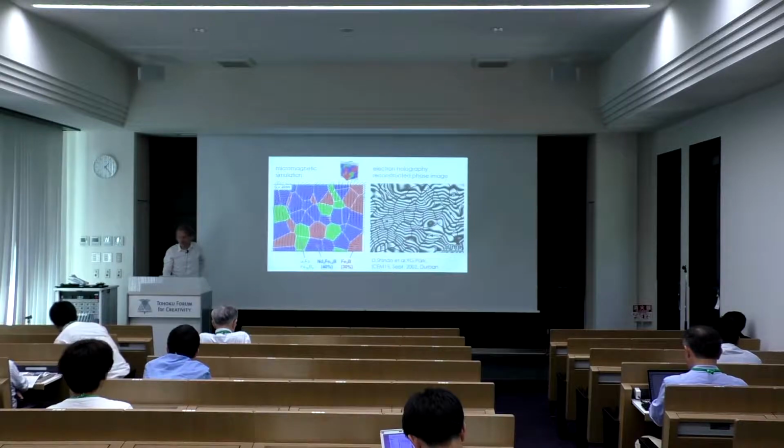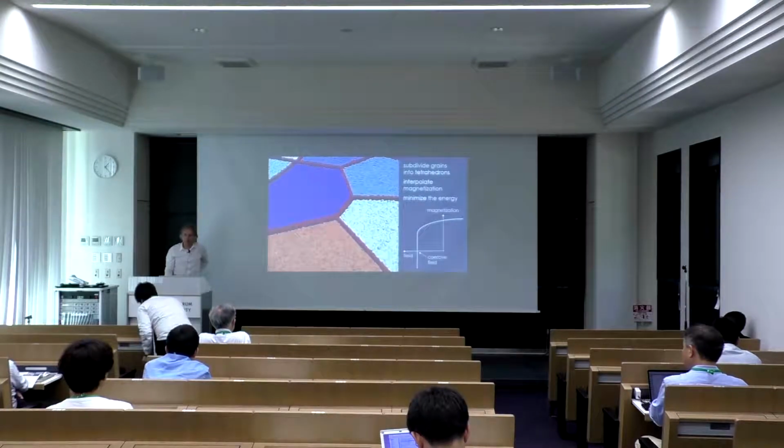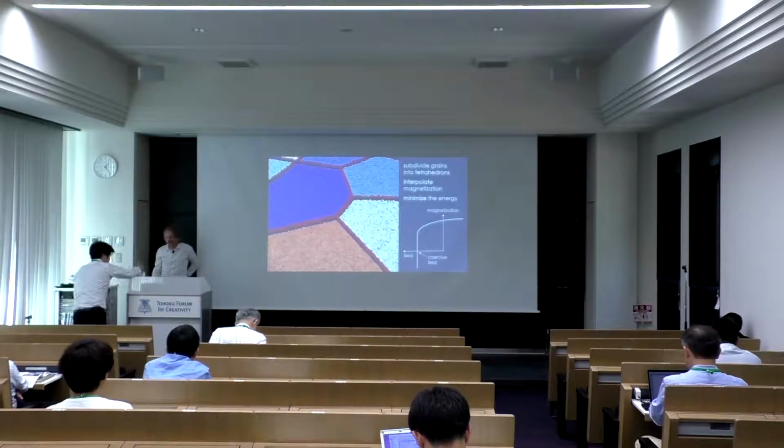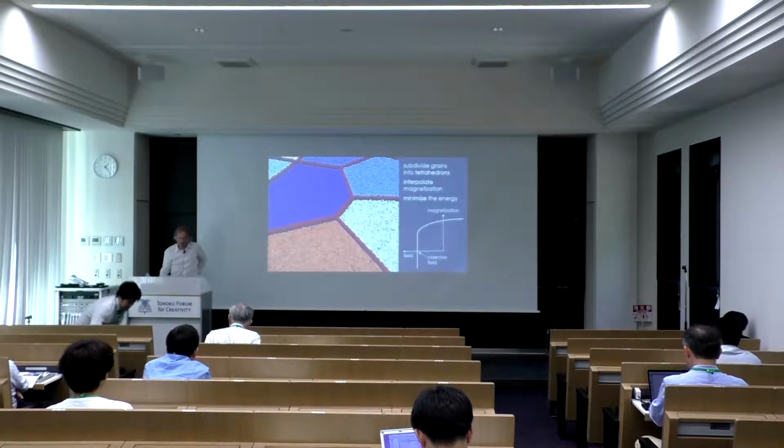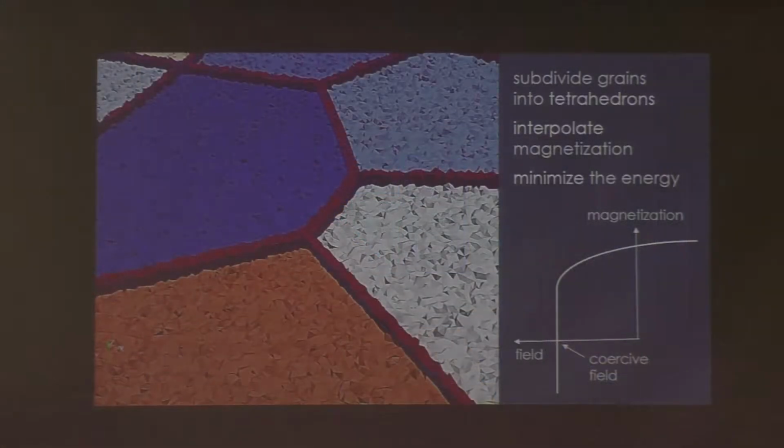How do we do these simulations? We use the finite element method. So what we do is we take our microstructure, which was generated on the computer, maybe by some Voronoi type constructions of cells.